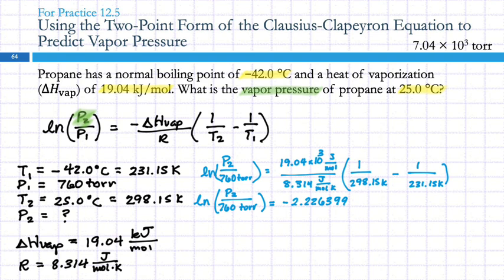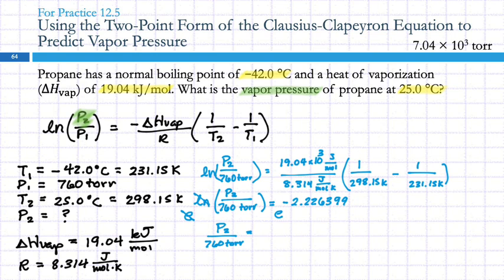What's the opposite of natural log? E to the x is the antilog, right? So if I do the antilog of both sides, e to the x and natural log are going to cancel out, and so this side becomes P2 over 760 torr.